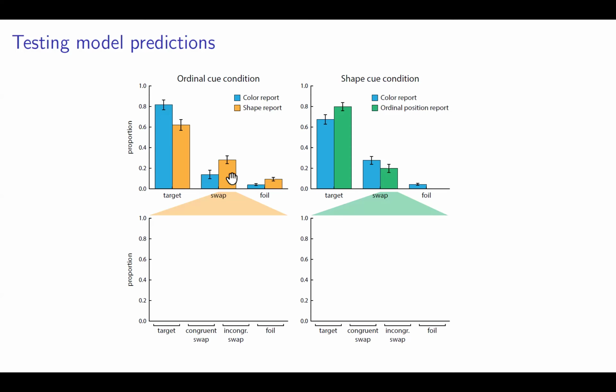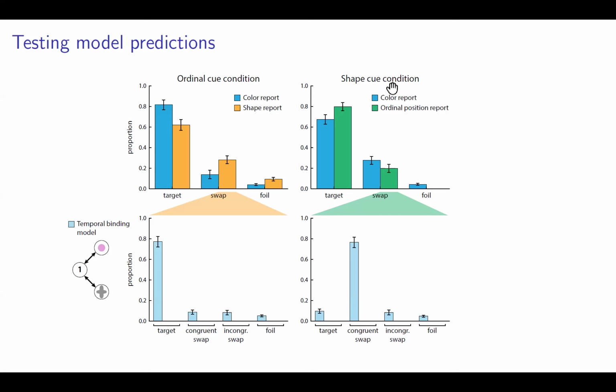The models make predictions about what the first response will look like if the second response was a swap error. The temporal binding model predicts that if the second response, the shape response, is a swap error, then it shouldn't affect the color response because they're independently bound to that ordinal position. So we would expect that most of the color responses are still on the target.